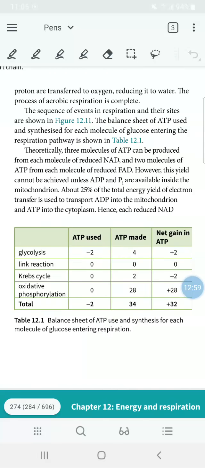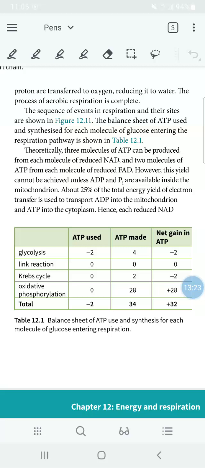Now the sequence of events in respiration and their sites are shown in figure 12.11. The balance sheet of ATP used and synthesized for each molecule of glucose entering the respiration pathway is shown in table 12.1. In glycolysis, 2 ATPs are used and 4 are made, so net gain is plus 2.